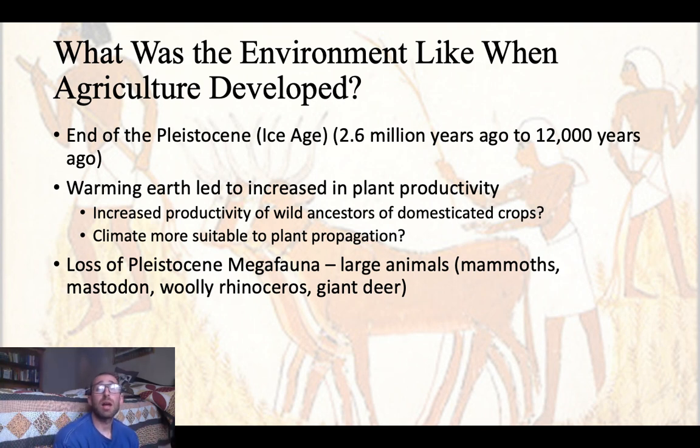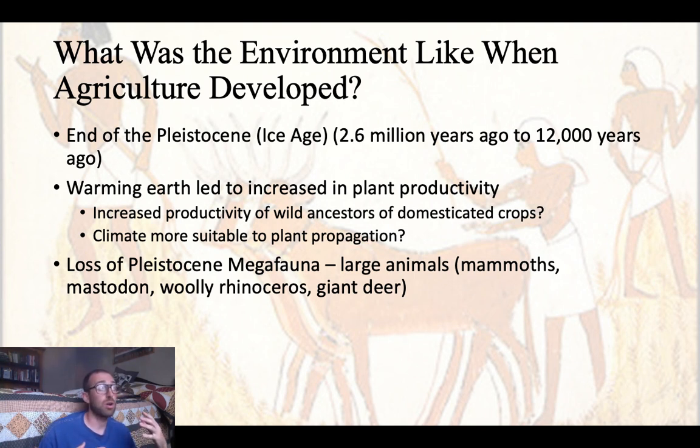However, around 12,000 years ago, this period ends. And we start with a warming trend that continues to this day. Although now we've affected that warming to increase it even more. But 12,000 years ago, we have a period of warming so the Earth begins to warm. And as it warms, we have an increase in plant productivity, right?